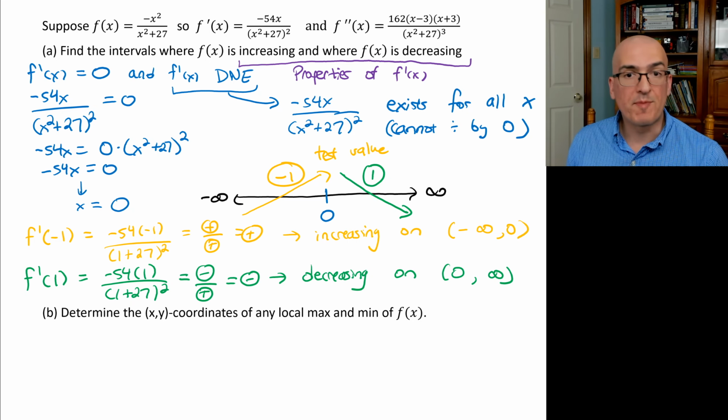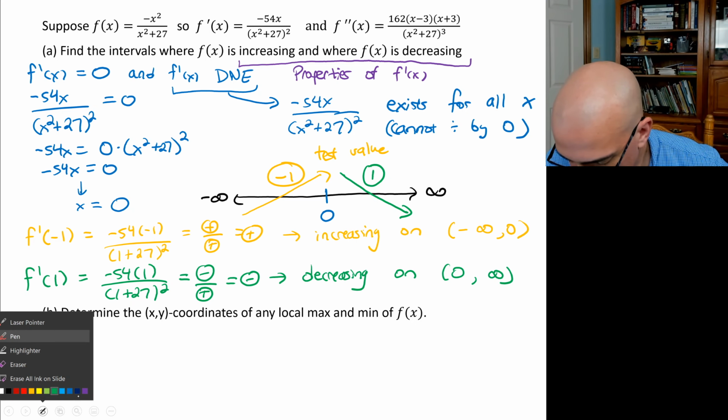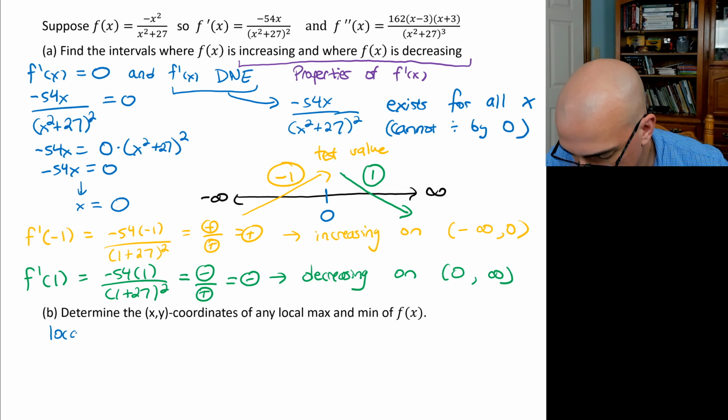Part B. Based on what we just saw, we can determine the x-coordinate, at least, of any local max or min of f of x. Looking at the diagram, we have a max. It's going up and then back down, which indicates a local maximum. So local max at x equals 0.